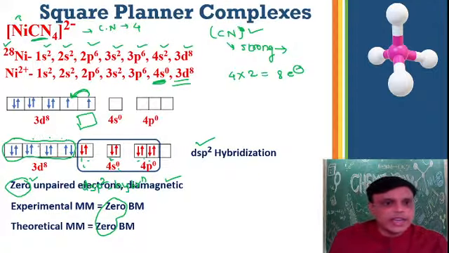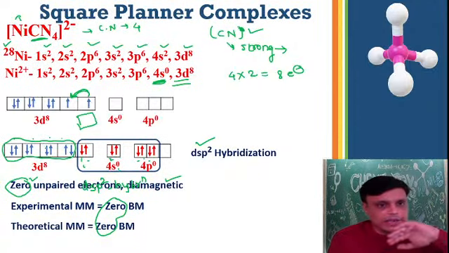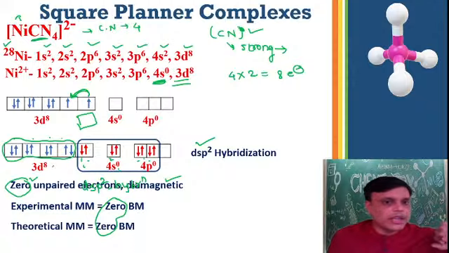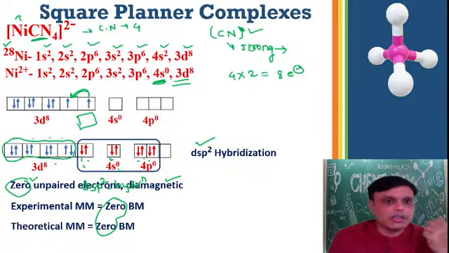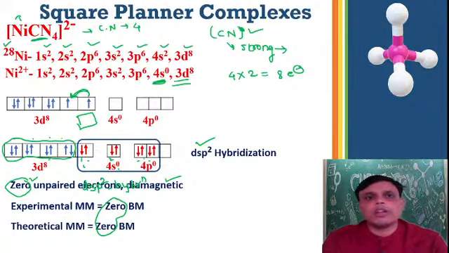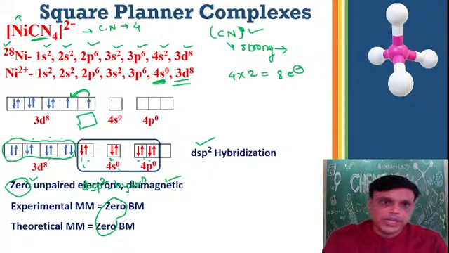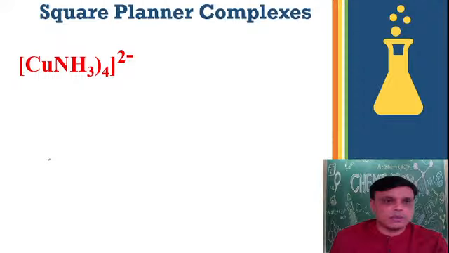That's why these 8 electrons occupy the inner d orbital. Whatever is in the inner d orbital, they go there. And these electrons are called non-bonding metal electrons. Okay, let's now see this example.